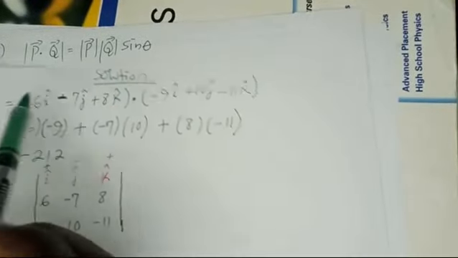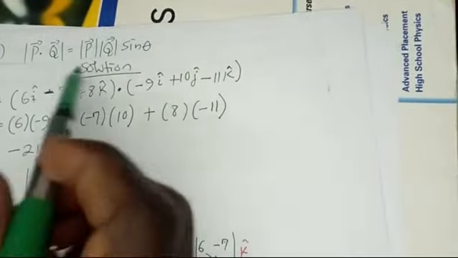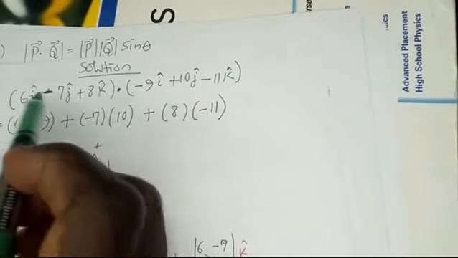How do we obtain the magnitude of P? We are given P already. Our P is this, our Q is this. So we take the square root of this squared plus this squared plus this squared, as we did in our previous videos.